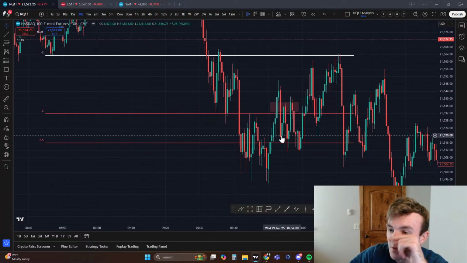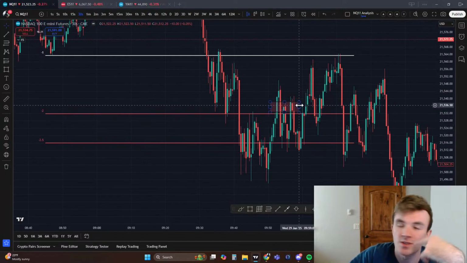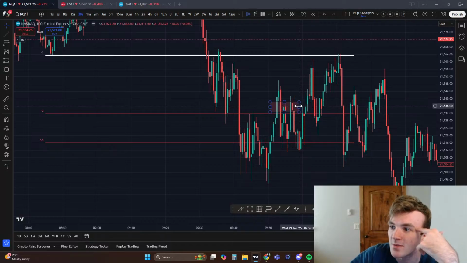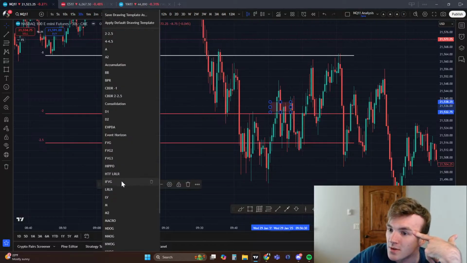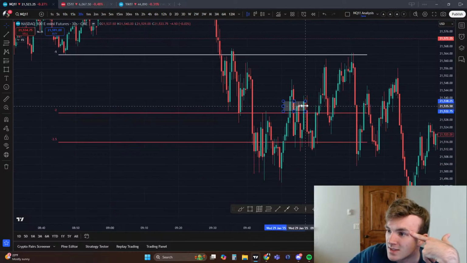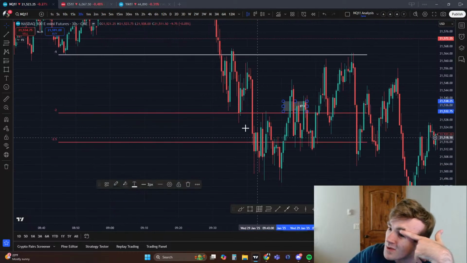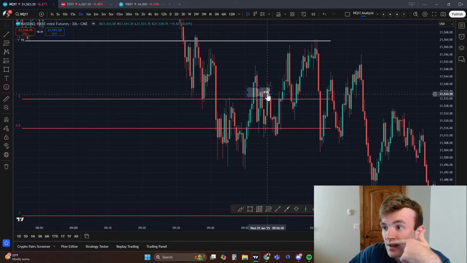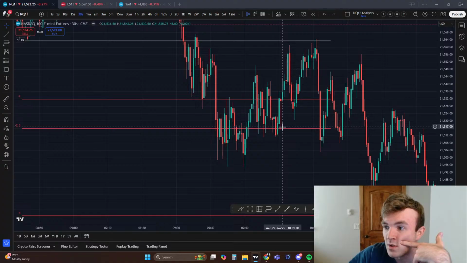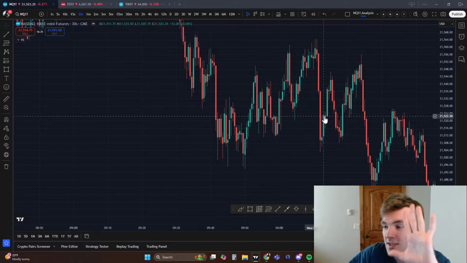But we closed way too low, and my brain couldn't register it, because it happened within 30 seconds. And so I tried taking this, and this was not good. We were already at the 2 to 2.5, and I thought maybe we were just gonna go straight to that 4 to 4.5. But definitely a low probability trade, and I only lost half risk on that.